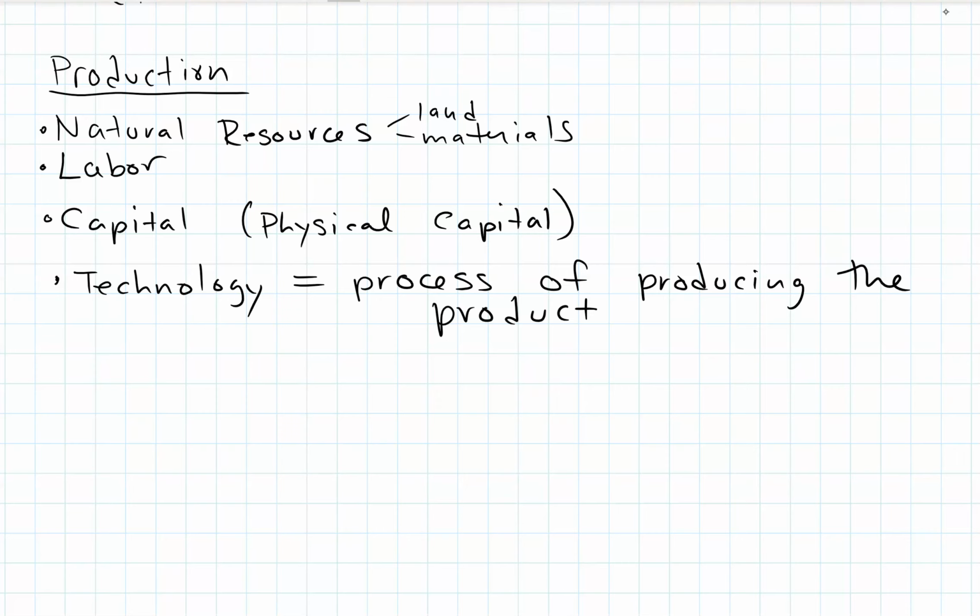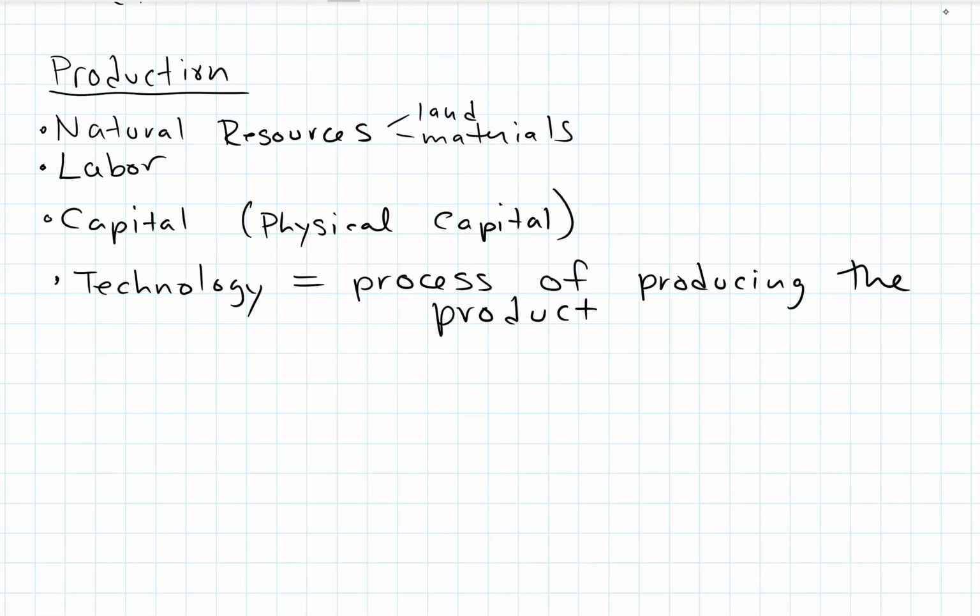Some of it can be embodied in a machine. For example, you could choose to make the dough by hand, or you could choose to use a professional kitchen mixer to mix the dough. Those are choices of technology because you're choosing which process to use to make it.